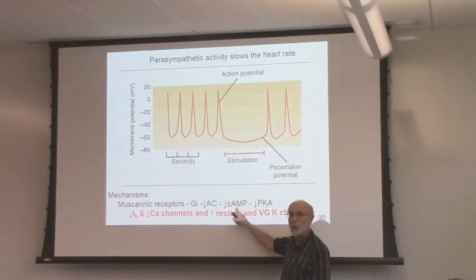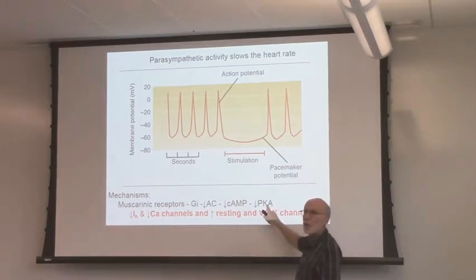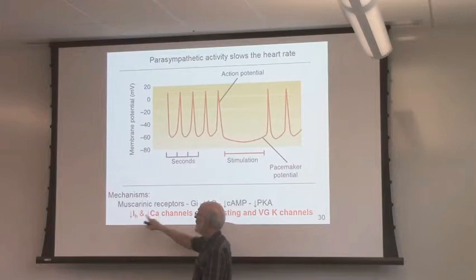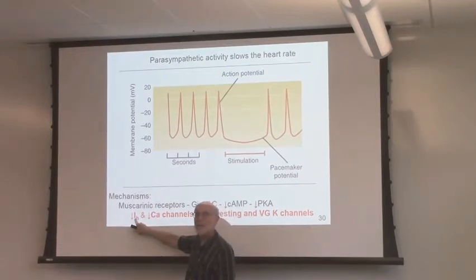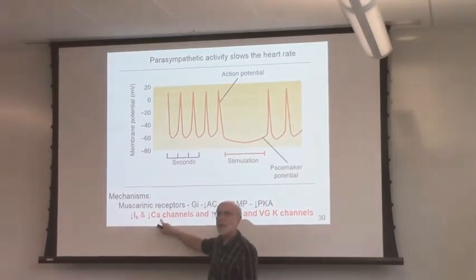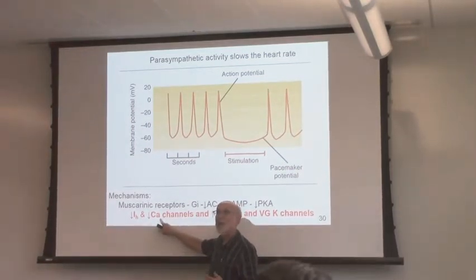It lowers the production of cyclic AMP because the phosphodiesterase is cutting it up all the time. It lowers the activation of PKA. So less PKA, less IH. Is that clear why that slows the heart? Less sodium influx through IH slows the pacemaker potential. Less calcium channel activity, less calcium influx, slower pacemaker activity, and a raising of threshold.